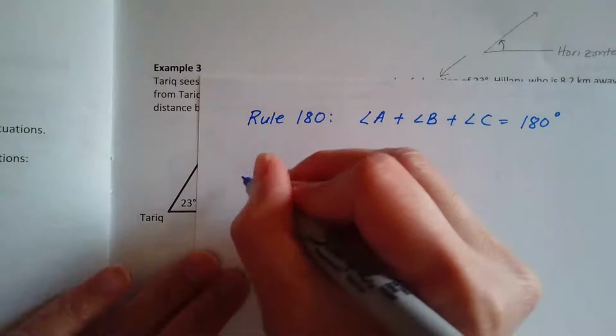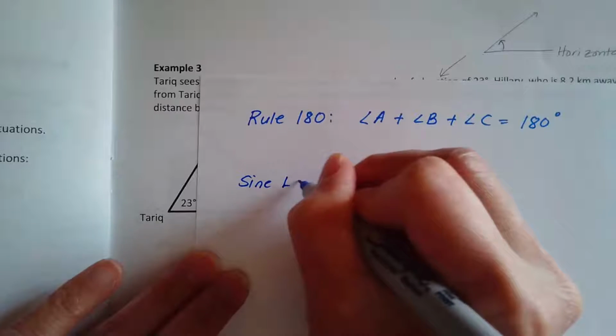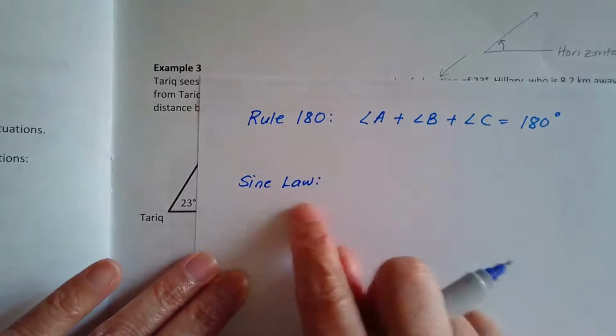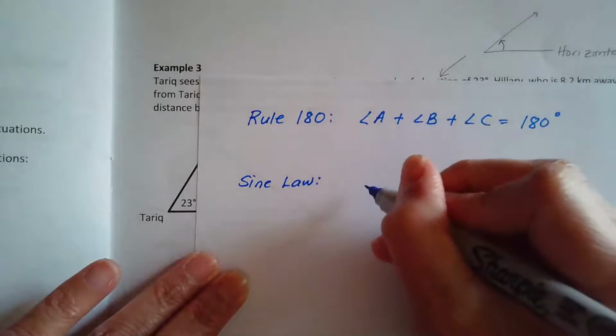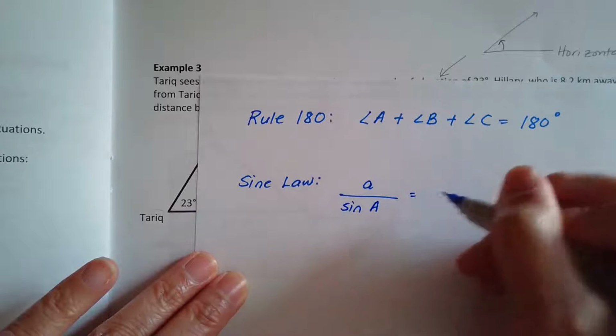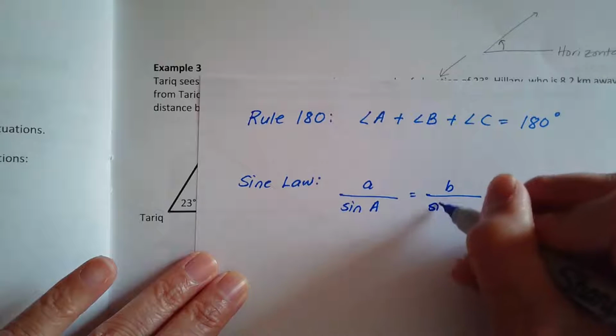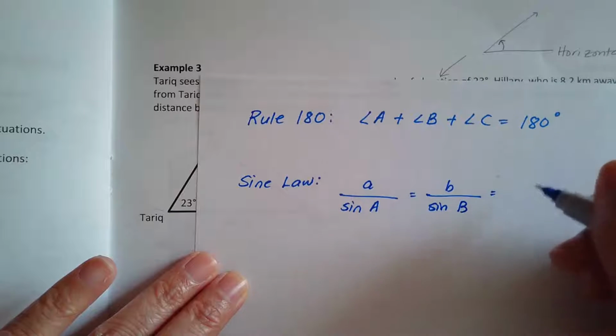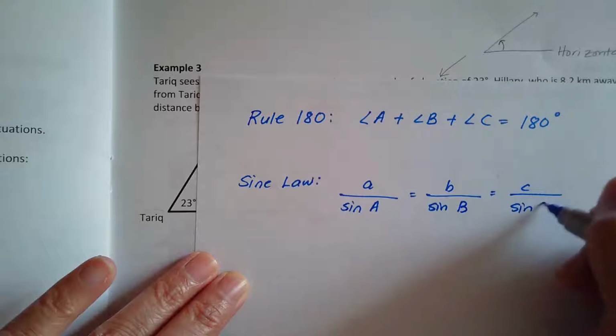And we also have sine law. What's the formula? A divided by the sine of angle A equals B divided by sine of angle B equals C divided by sine of angle C.